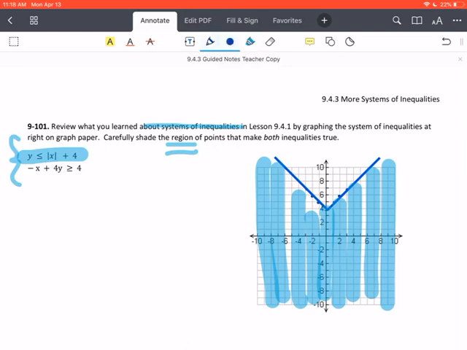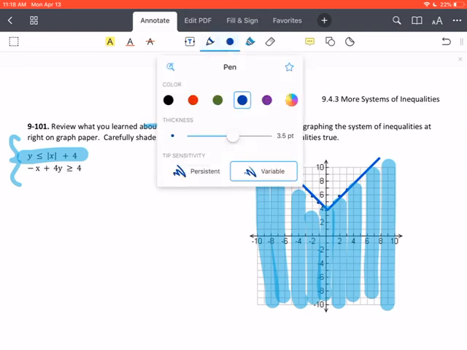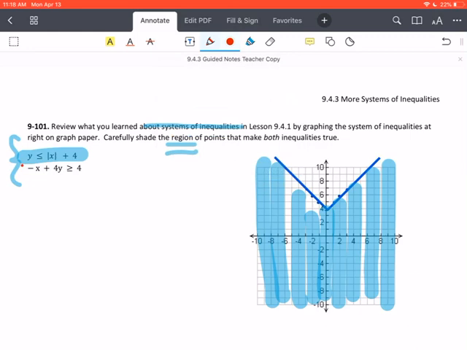Now moving on to the second inequality, is it ready for us to graph? No, it's not in graphing y equals form, so we need to do some work here. Negative x plus 4y is greater than or equal to 4, and we need to get y by itself. This is a good review of some algebra steps. We have to add x to the other side, and those are unlike terms.